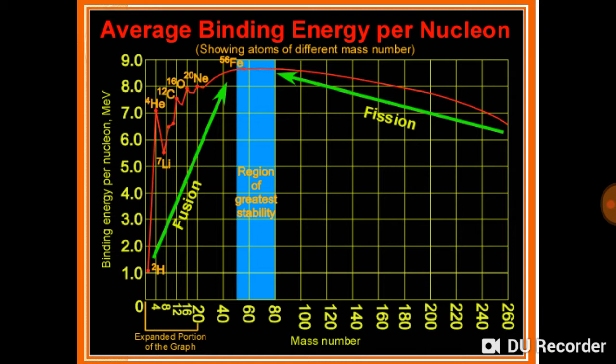After A equal to 20, it attains a maximum value equal to 8.79 mega electron volt for A equal to 56 corresponding to the iron nucleus. The curve after A equal to 56 shows dropping for higher values of mass numbers, becoming binding energy per nucleon value 7.6 mega electron volt corresponding to uranium nucleus.